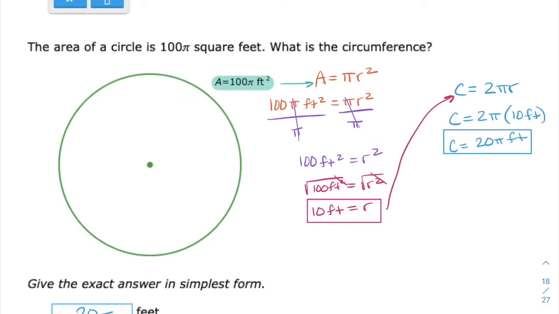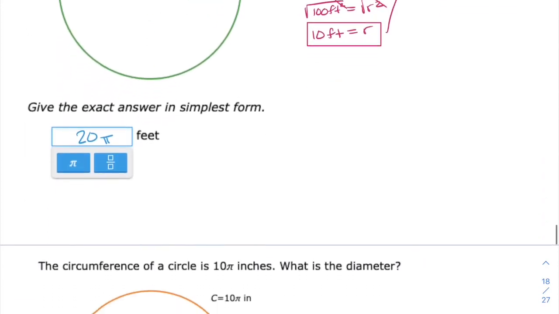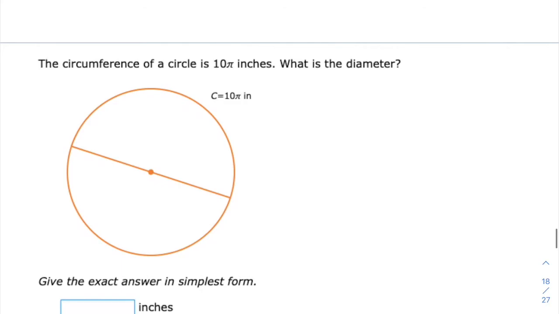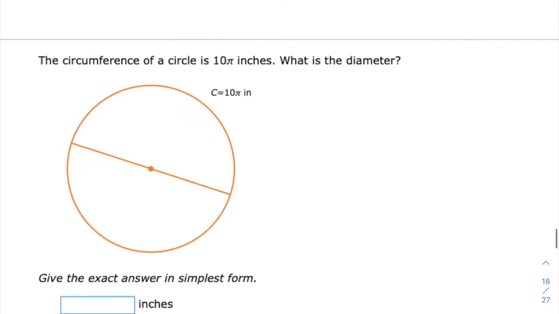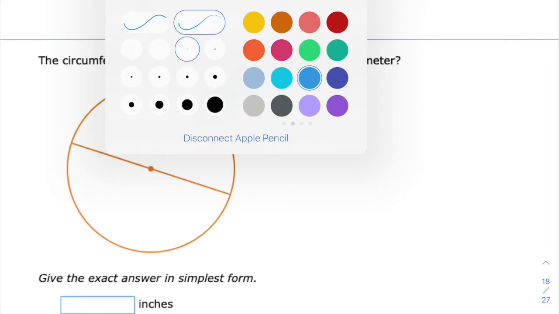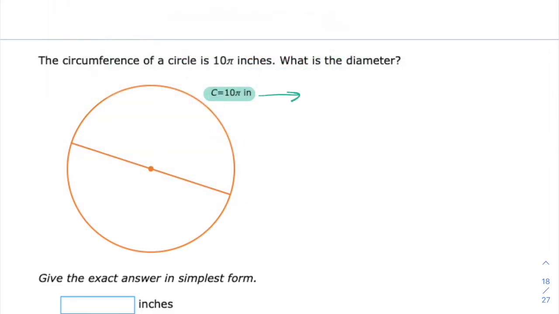Okay. Let's see, the next one. Circumference of a circle is 10 pi inches. What is the diameter? So this one's a working backwards one with a circumference. So you're given the circumference. So circumference equals 2 pi r.